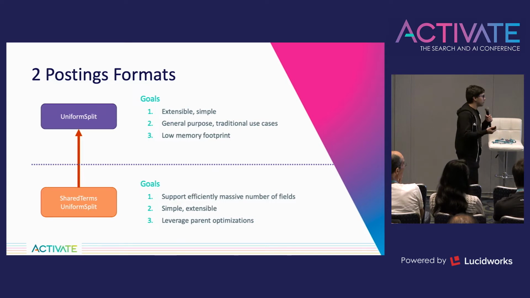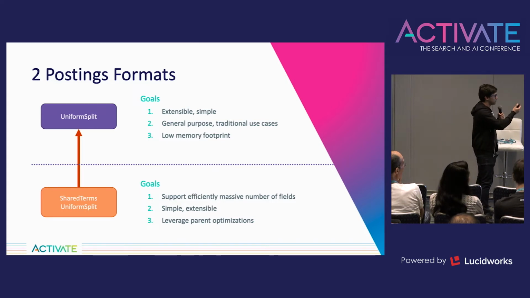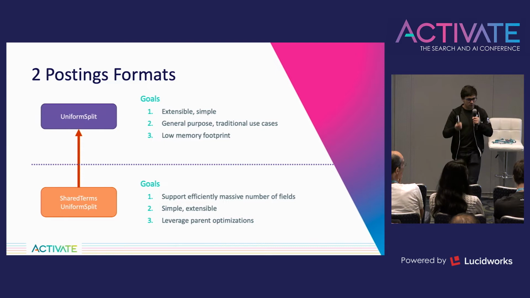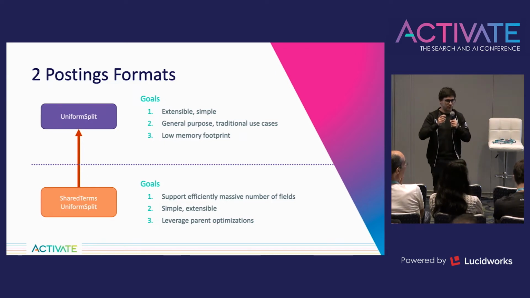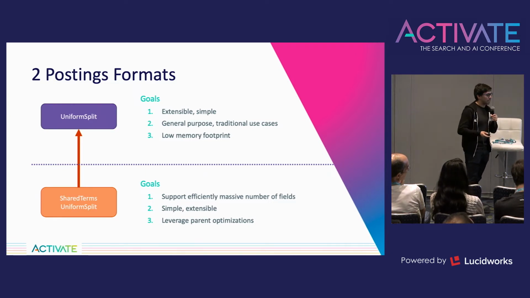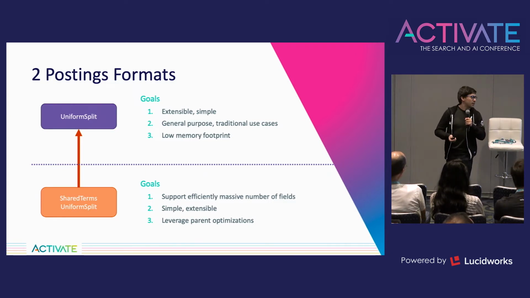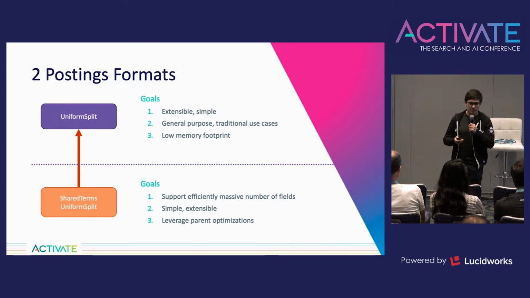And then we have our short terms UniformSplit extension, whose first goal is to support efficiently a massive number of fields. It should also be simple and extensible, and obviously, it should leverage the parent optimizations.